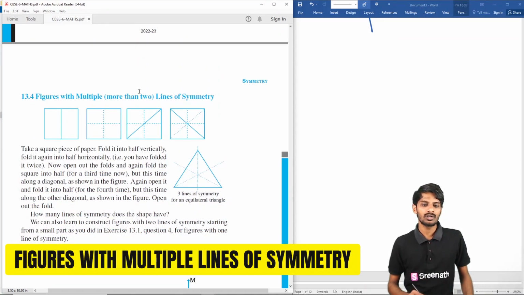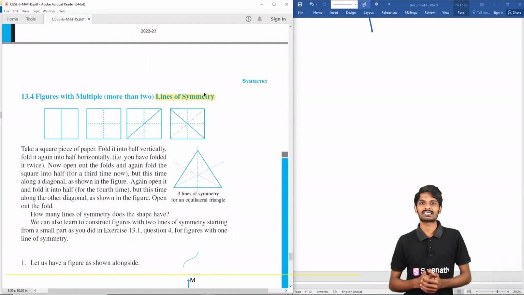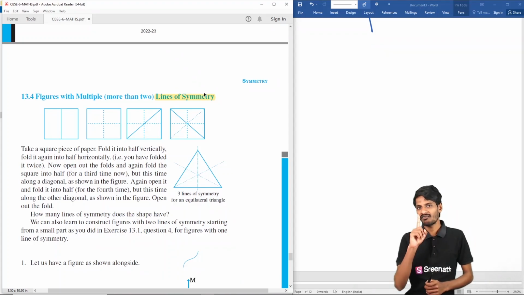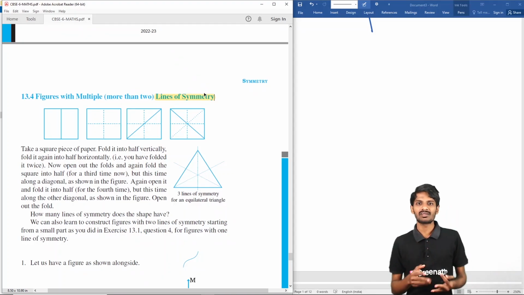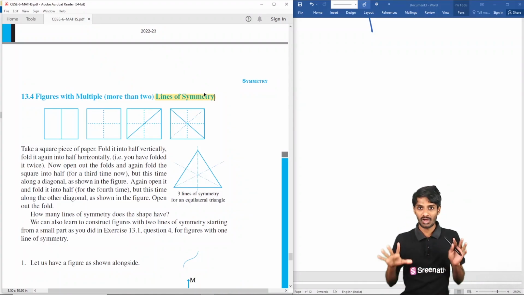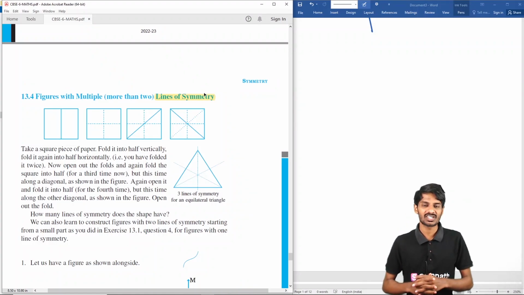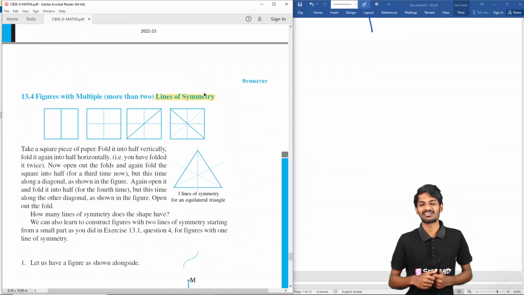Figures with multiple lines of symmetry. At the beginning we discussed figures which have one line of symmetry. Later we discussed figures which have two lines of symmetry. Now we are going to discuss figures which have more than two lines of symmetry. Okay students, so take a square paper.